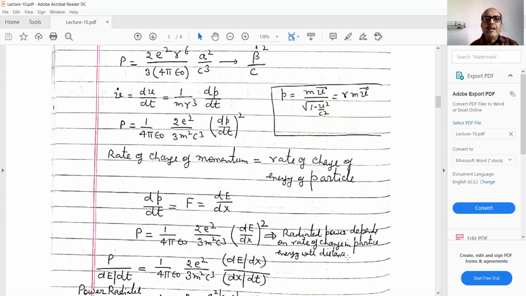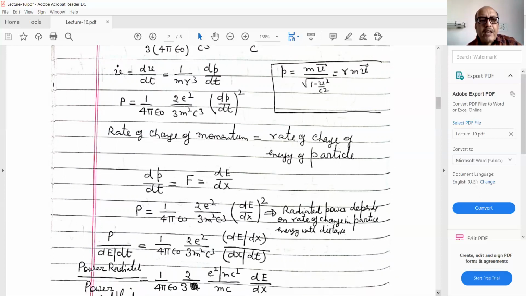This is the formula. It's not a general formula. This formula is applicable for a particle which is moving in a straight line, with the velocity and the acceleration in the same direction. So it depends upon dE over dx. It's a very important formula.